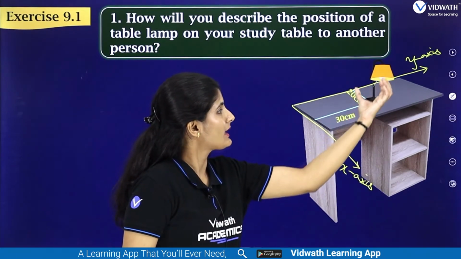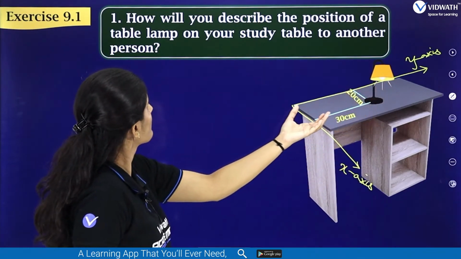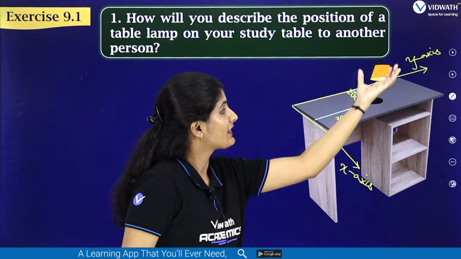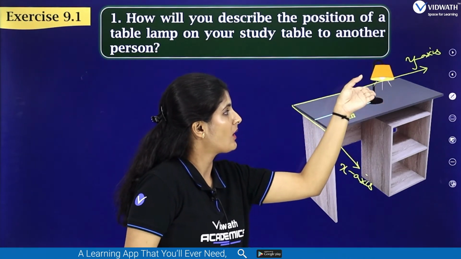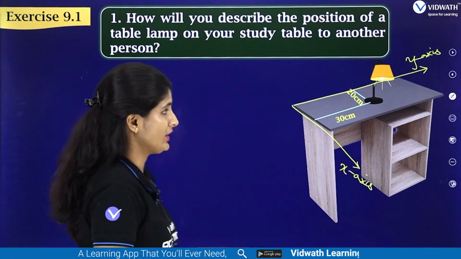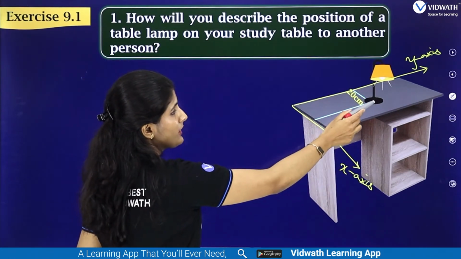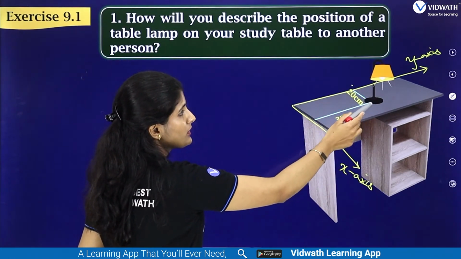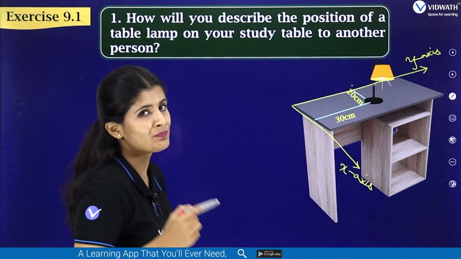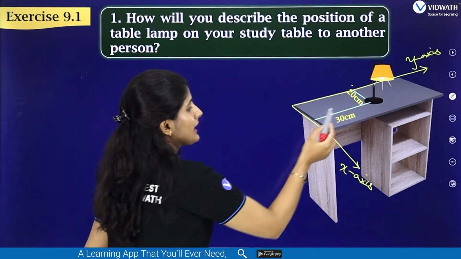If the lamp is placed on the table at this position, I can draw perpendiculars from the lamp to the y-axis as well as the x-axis.